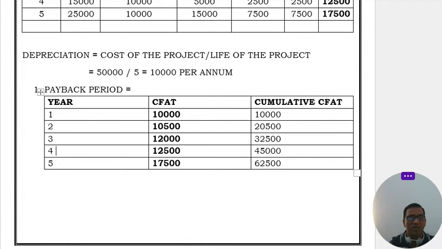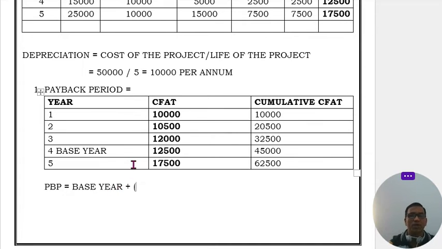The 4th year is called the base year because 4 full years are completed. So payback period, PBP, equals base year plus the balance to be recovered.